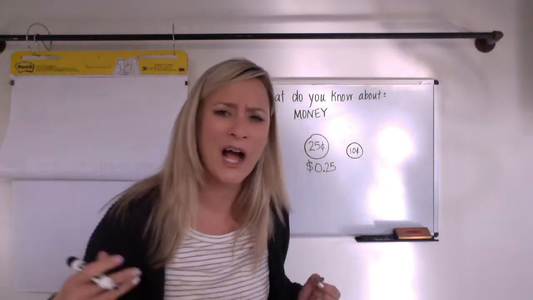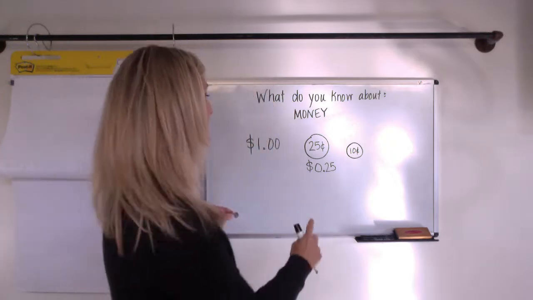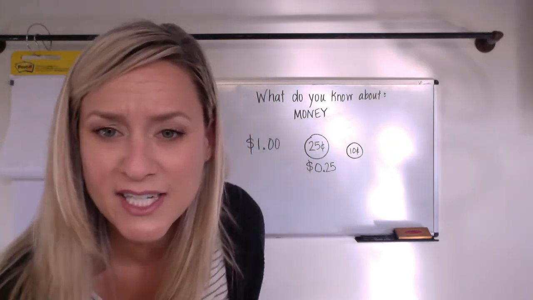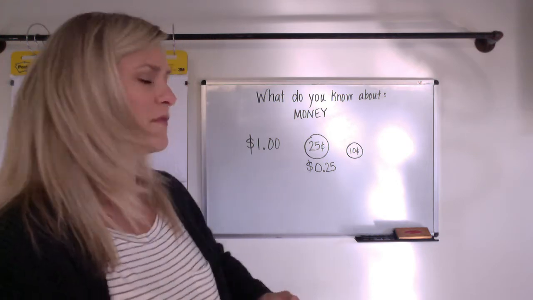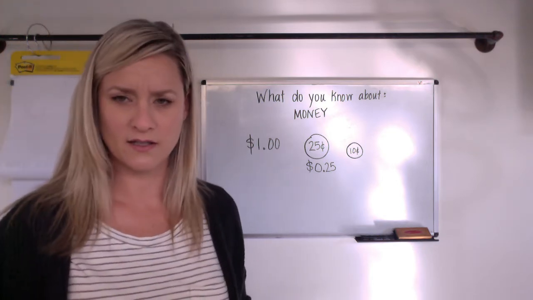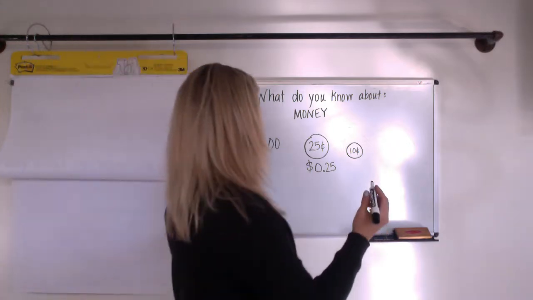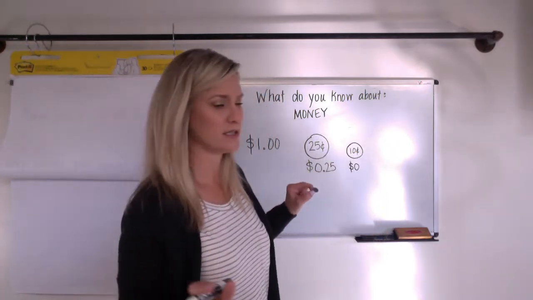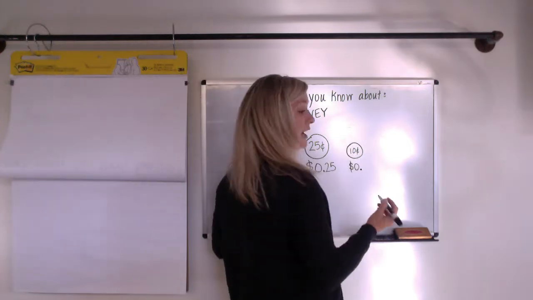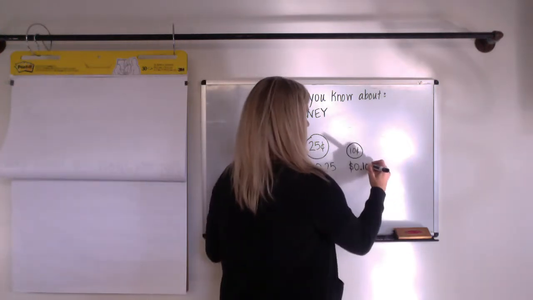Now, how would you write 10 cents using the fancy pants way with the dollar sign and the decimal? Is it worth more than $1 or less than $1? It's worth less than $1, right? So we put our dollar sign, no dollars, decimal, and it's worth 10 cents.